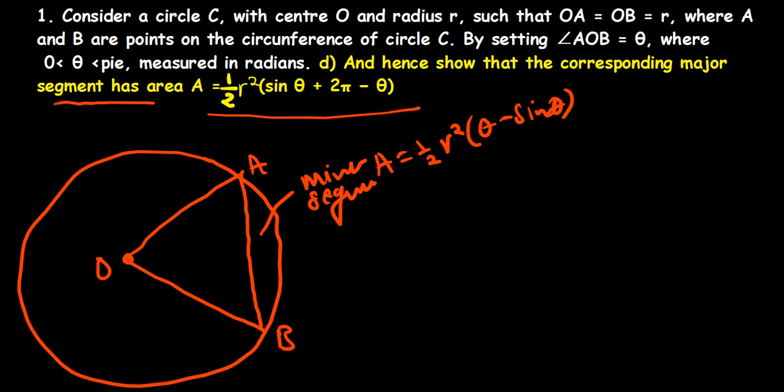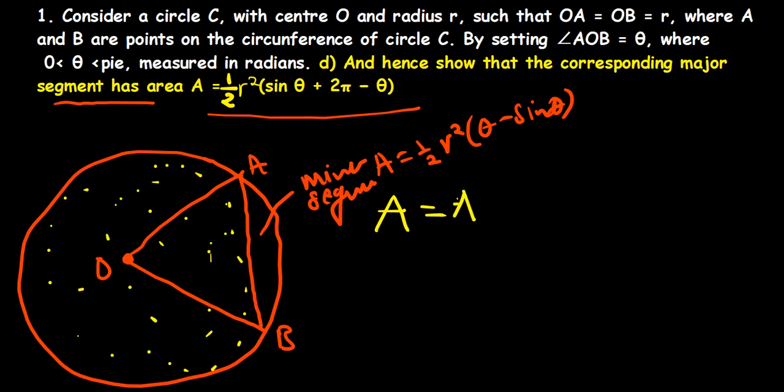All right, so the rest of the circle here, where I'm putting the yellow dot, this part here will be our major segment. So how do you find the area of the major segment? You say area is equal to the area of the entire circle minus the area of the minor segment.